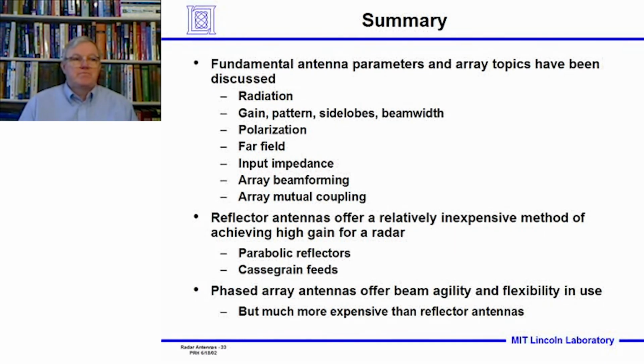And what I just want to let you know in ending is that it's a very rich topic that we could probably spend double the time on. This gives you the basics, and I hope it does more than scratch the surface, so that you understand the basic concept of antennas that are used in radars. Thank you very much.